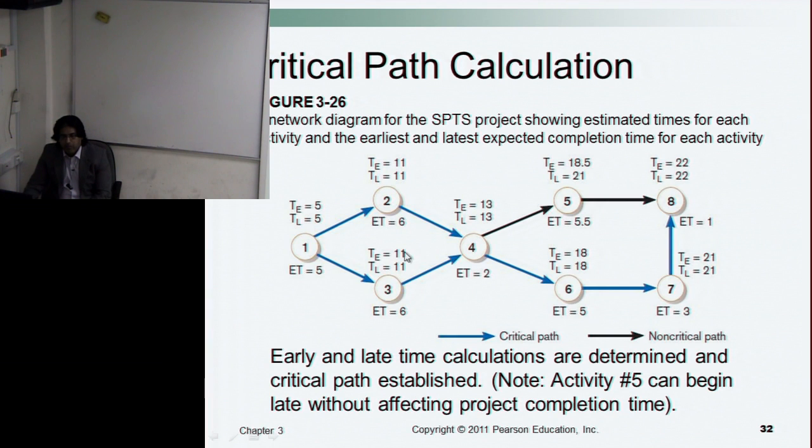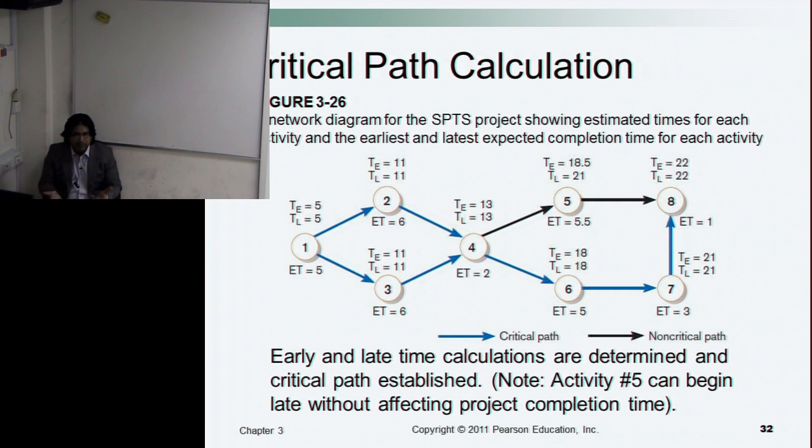If both of them are the same, this means the earliest time for activity 4, calculated depending on the two different preceding activities, is the same, then you can take any one.